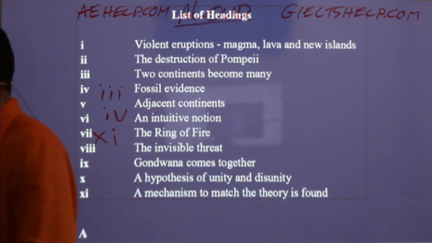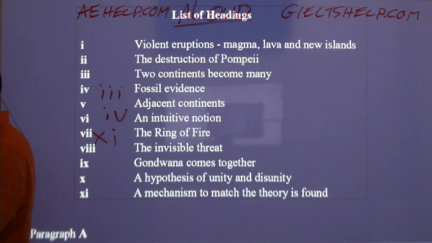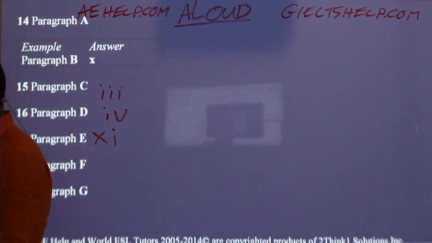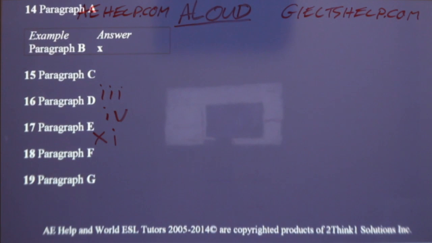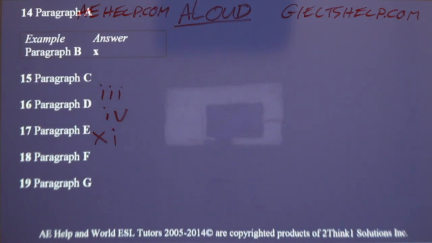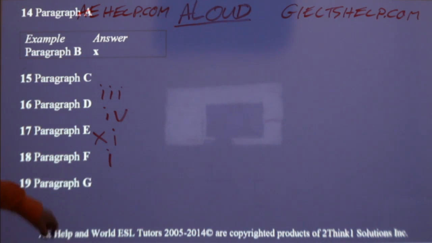Good job, Linda. Yeah, it's absolutely I. So F is I. Okay, here we go. So Roman numeral 1 in your answer sheet. One last paragraph, 19, all right?